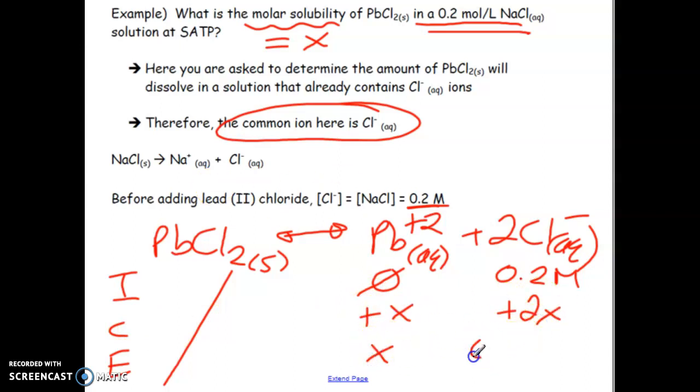So we're going to have x and 0.2 plus 2x. Notice the equilibrium is still initial plus the change, 0.2 plus 2x. We still have to solve for x, but the difference is instead of starting with 0, common ion effect means you have a solution that already has one of the ions present at the beginning.